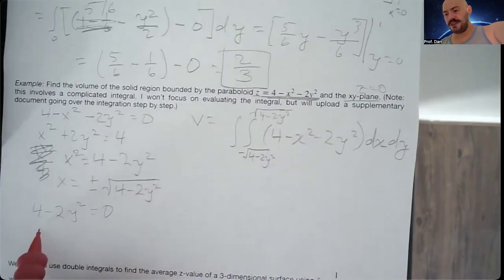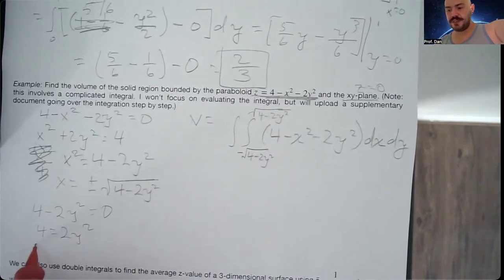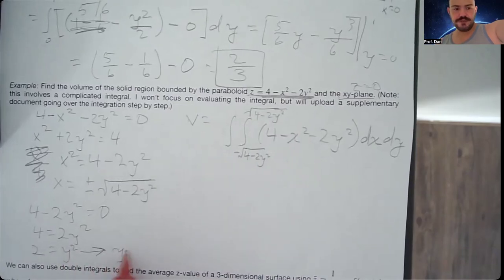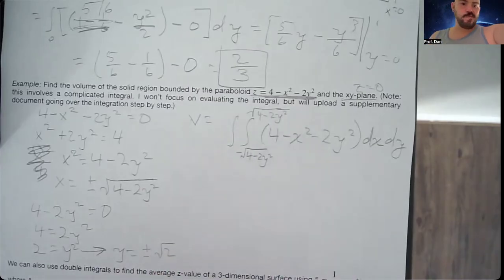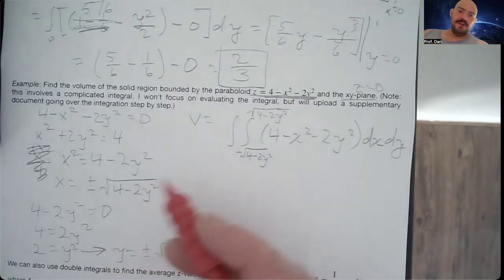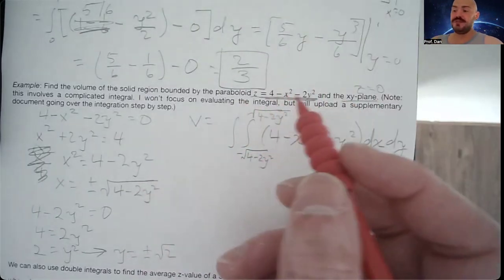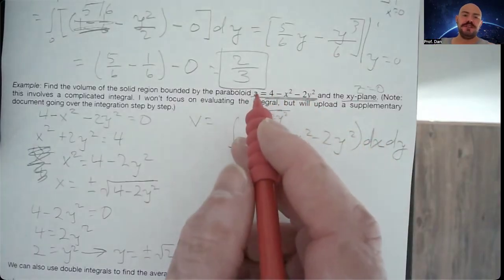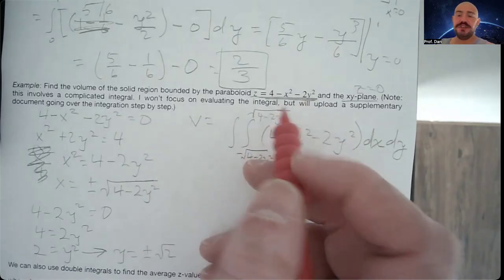So if I were to solve for this, I would get 4 equals 2y squared, divide both sides by 2, and I would end up getting that y is equal to plus or minus the square root of 2. Now, another thing to consider here is what if the y were being zeroed out? I know that for my z to be 0, x would have to go from negative 2 to 2.